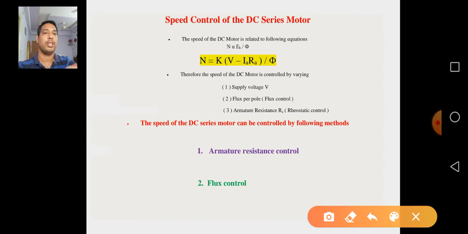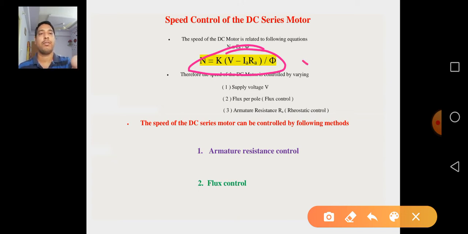Which I have shown in the yellow color. So N is equal to k into V minus IARA divided by phi. This is the final equation we are going to consider.